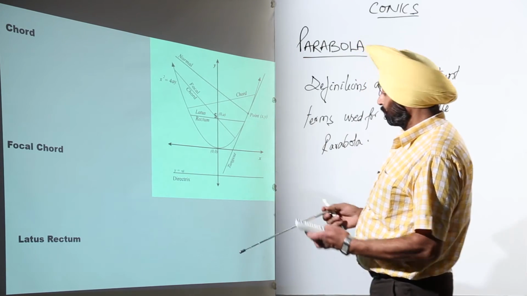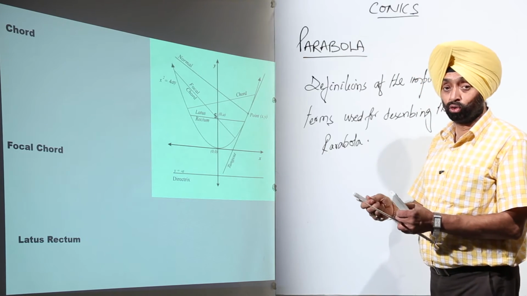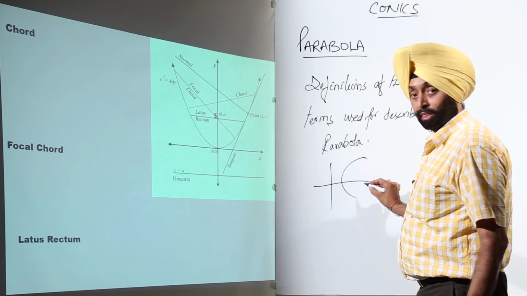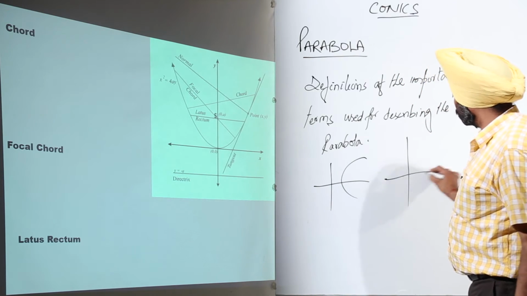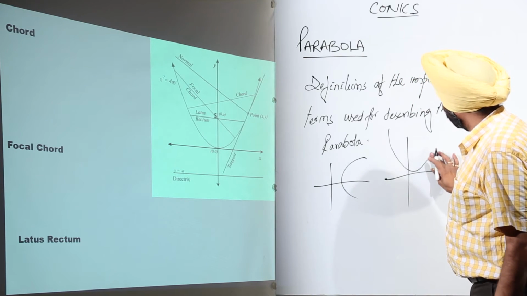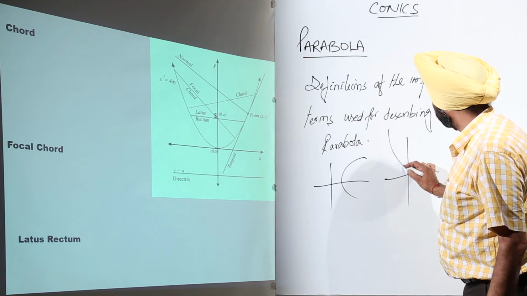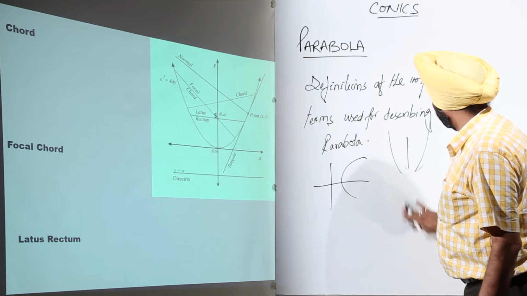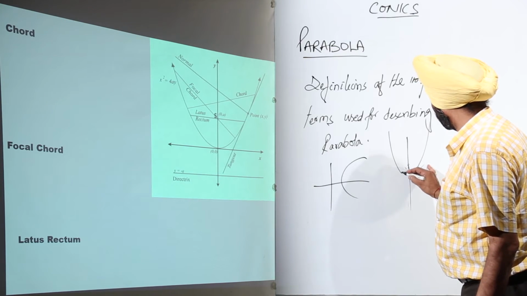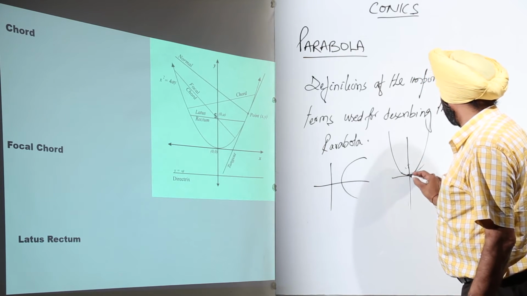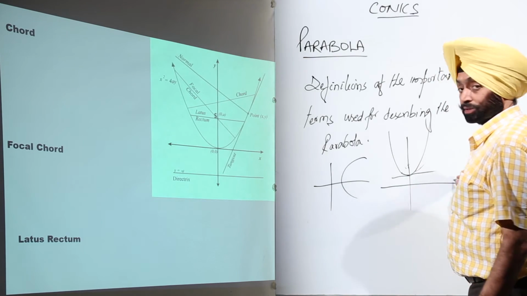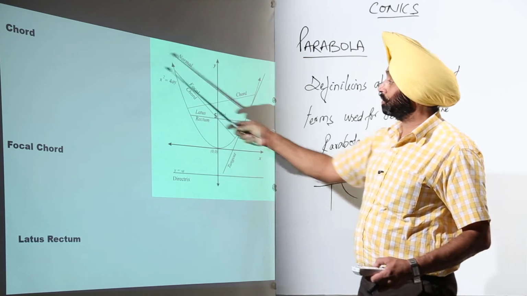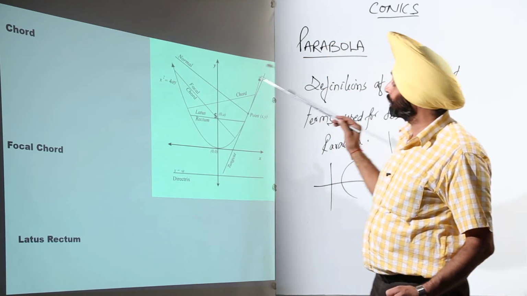Now that parabola which I showed you earlier was in this shape. Now in this shape, so that there should not be any type of confusion. This is the vertex. Now this is the directrix. Is it clear? So we are having first of all the chord.